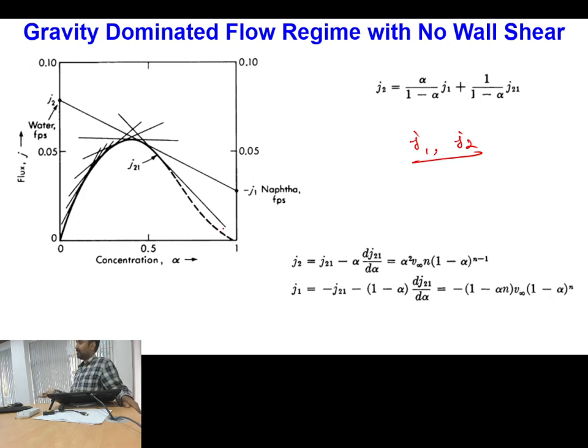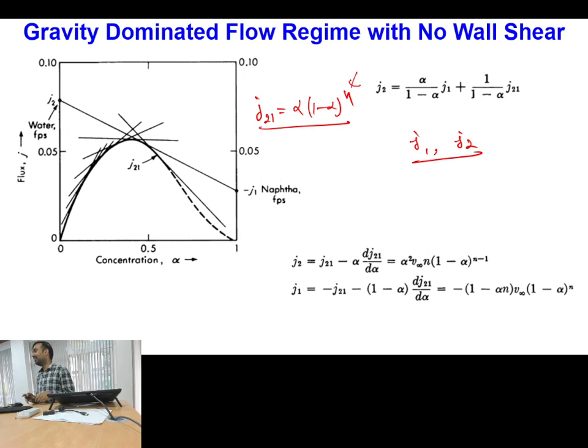Is this clear? So, if a question comes where some values of J1 and J2 are given, and it is stated that these values correspond to the flooding point, and you are asked to determine the system characteristics, then first draw the multiple lines on paper with a scale, and then draw a curve tangent to them. Ultimately you can write your equation as J21 equal to alpha into (1 minus alpha) to the n, and try fitting different values of n so that it fits the curve tangent to all the lines.